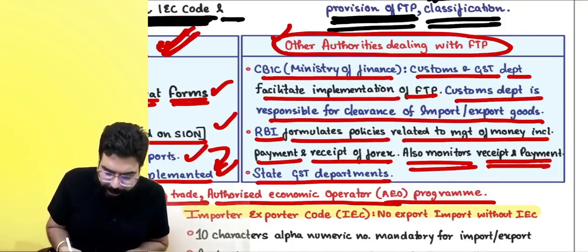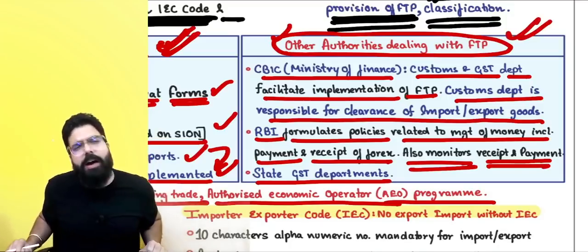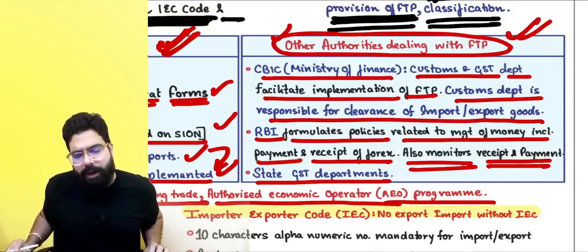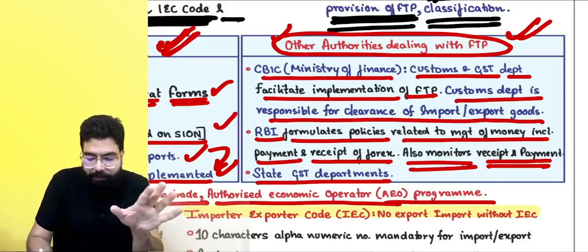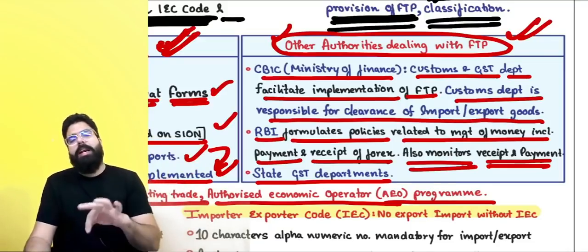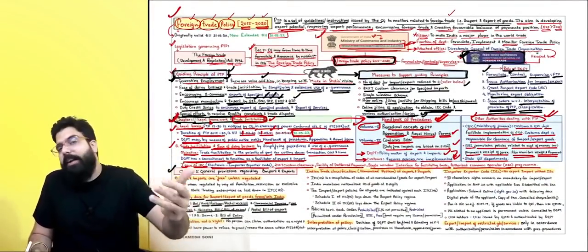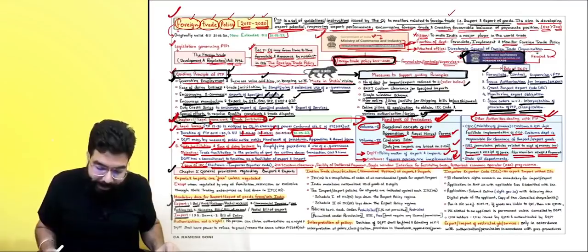State GST department, all these people are basically other authorities. These are the other authorities who are dealing with the foreign trade policy. Okay, sir, point is clear. Because DGFT doesn't have an army of its own, they take the help of other authorities, CBIC, RBI, state GST departments, etc.